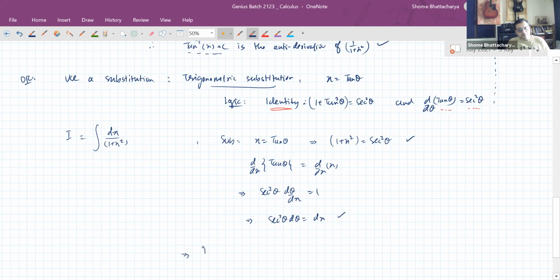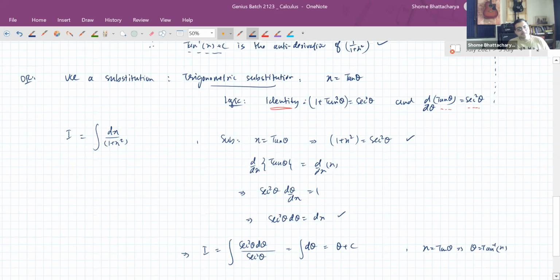So the integration becomes, the numerator dx just becomes sec square theta d theta, and the denominator, which is 1 plus x square, is sec square theta. So that is d theta, which is okay. Now what is theta? If x is tan theta, that means theta is tan inverse of x.